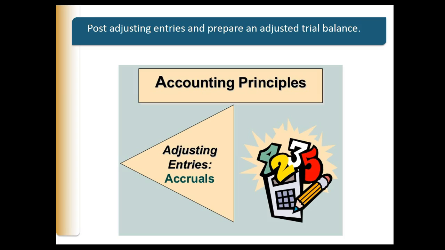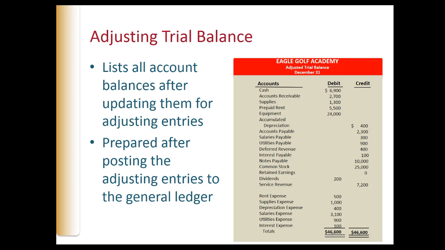And then after we have adjusting entries, we create an adjusted trial balance. Here's an adjusted trial balance of Eagle Golf Academy. It includes the adjusted balances of all general ledger accounts of Eagle after adjusting entries. Notice that total debits always equal total credits.